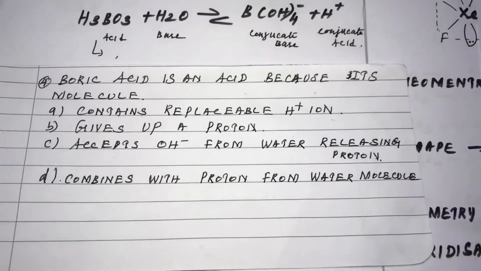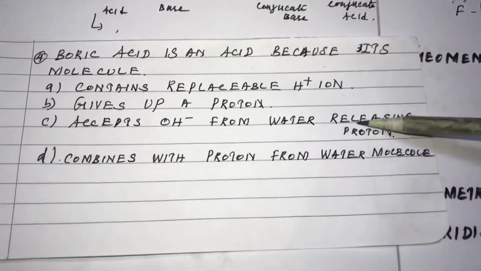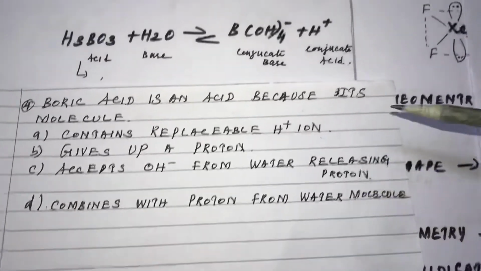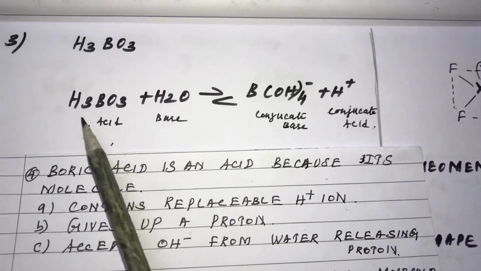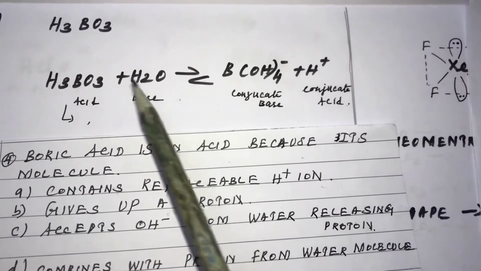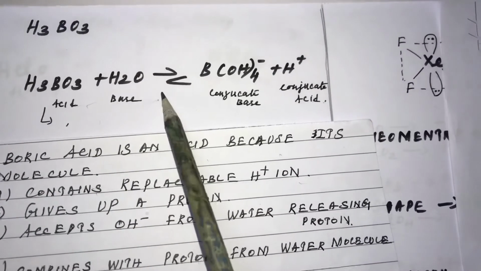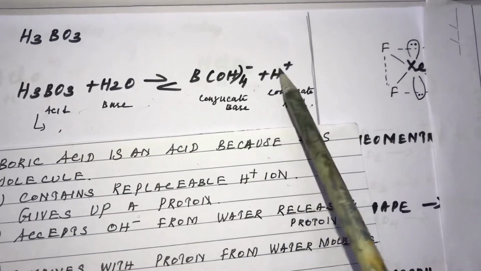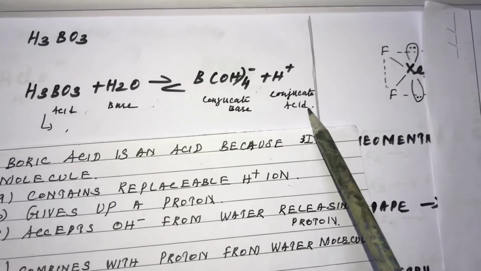The choices are almost equal in explaining the acidity of boric acid, but we have to find out correctly which one will suit. Boric acid has the formula H3BO3. When H3BO3 reacts with water, H3BO3 acts as an acid, H2O acts as a base, and it forms a conjugate base like B(OH)4- plus H+, the conjugate base and conjugate acid.